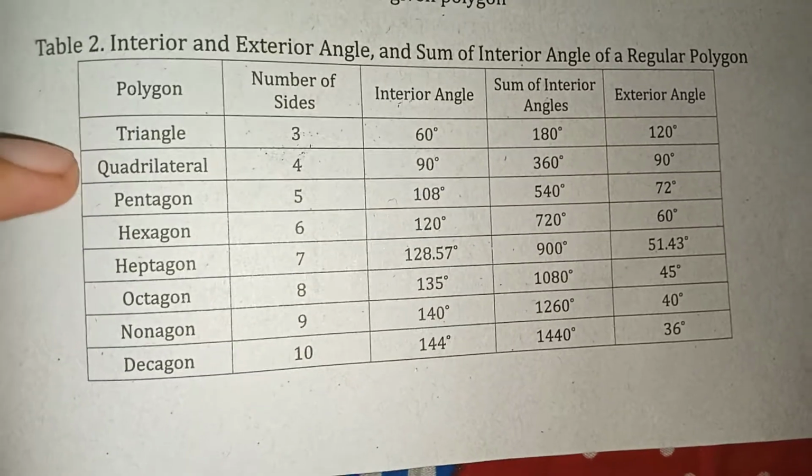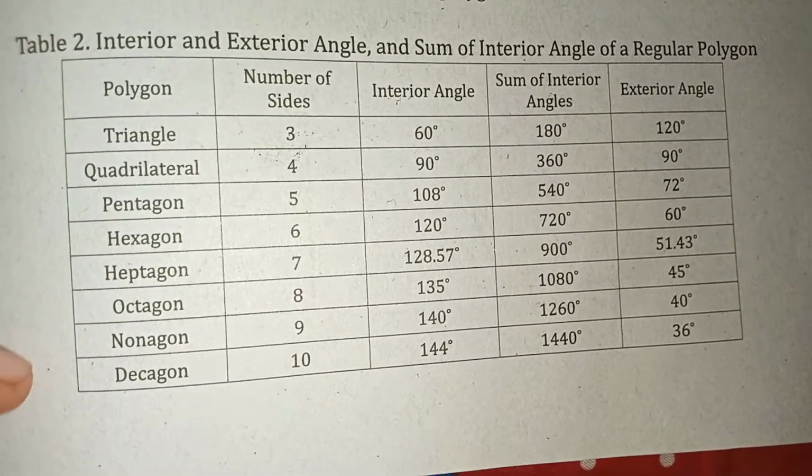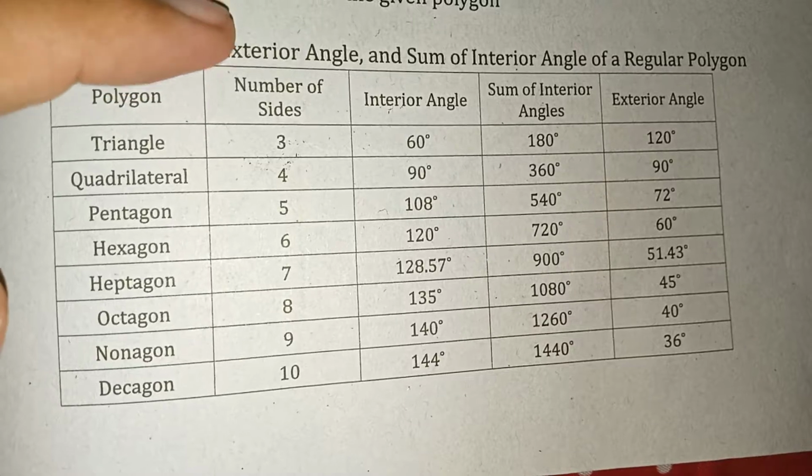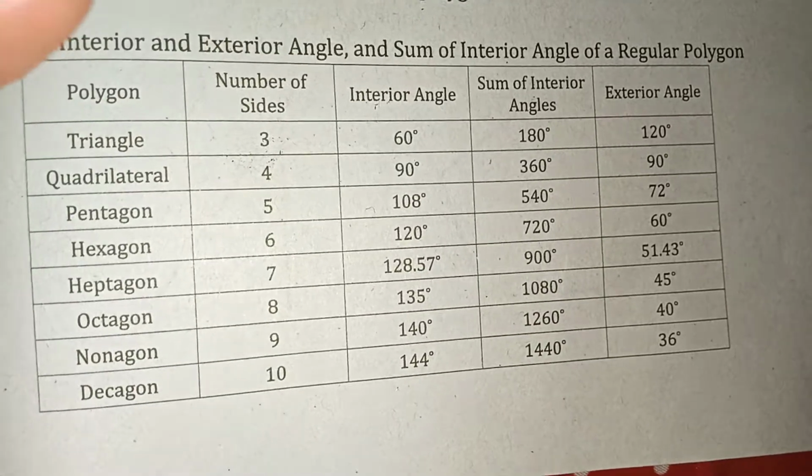We have the polygons, and in the second column, the number of sides.